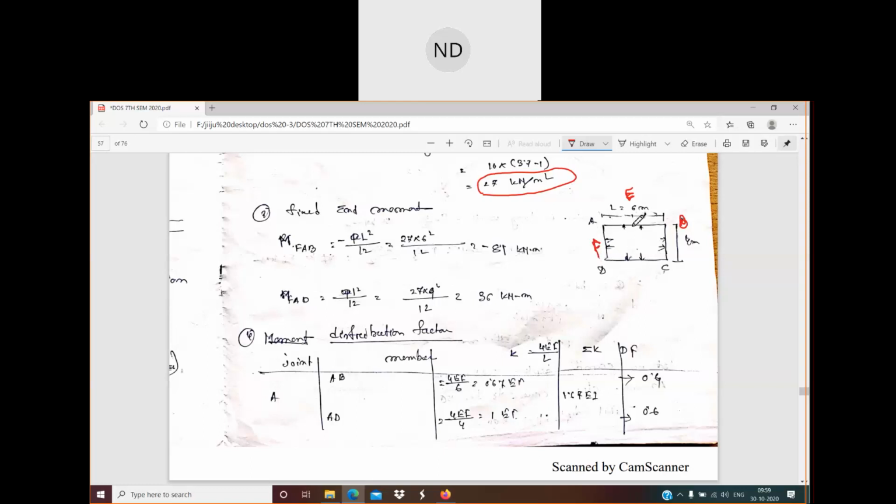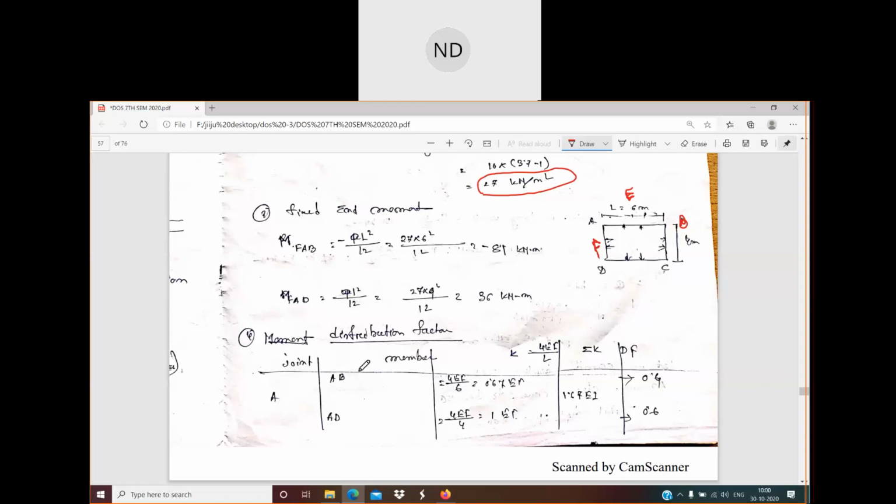In the shorter direction, it is also PL square by 12, but now L is this one, 4 meter. So PL square by 12 will be 27 into 4 square by 12, which is 36 kilonewton meter.